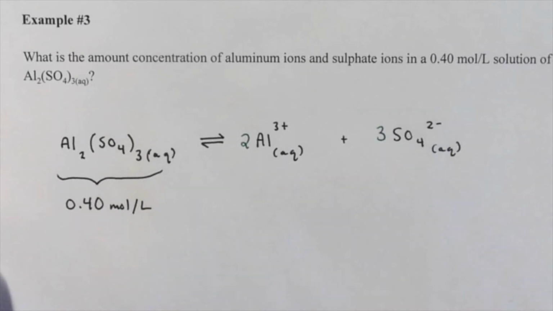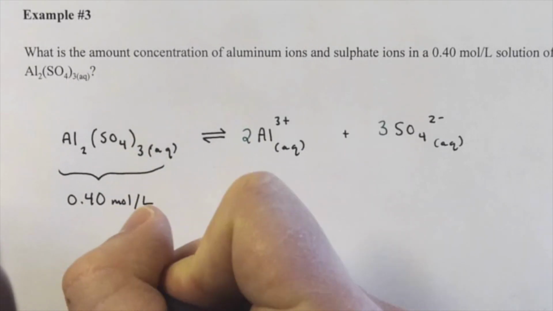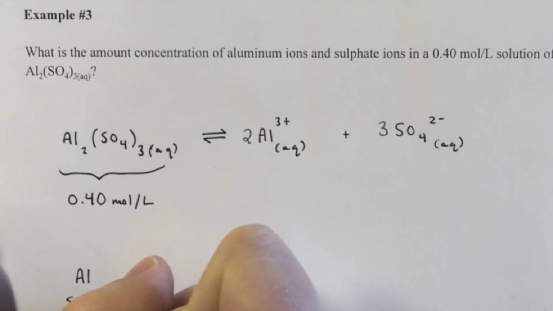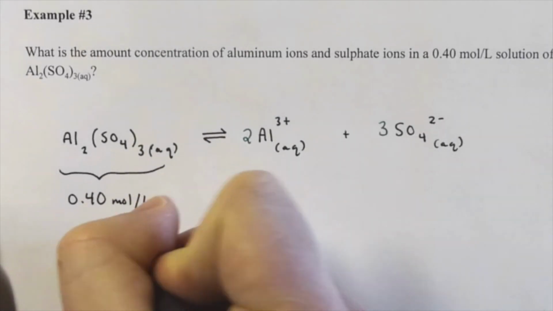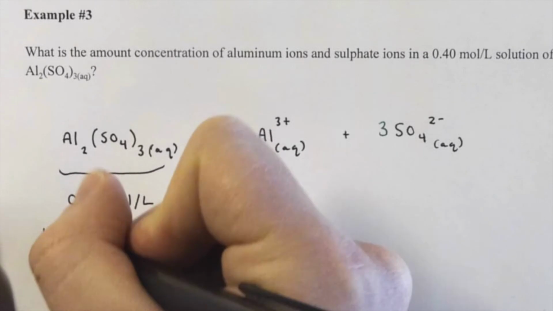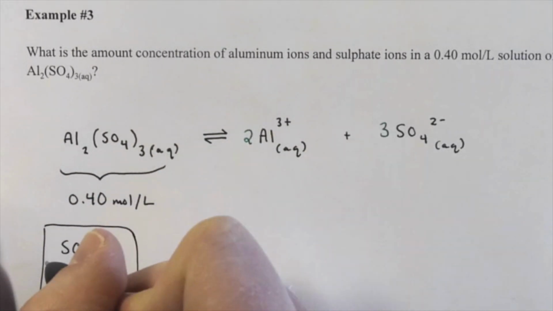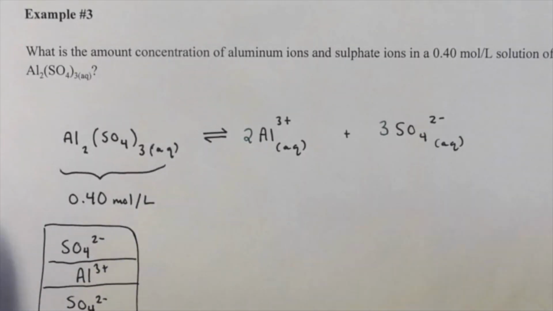Because we need to remember when we dissolve something, I'm going to draw a little picture here. This is not what it looks like in reality, but I find this is a helpful visual. When I picture aluminum sulfate as a compound, we think about it as one entity.